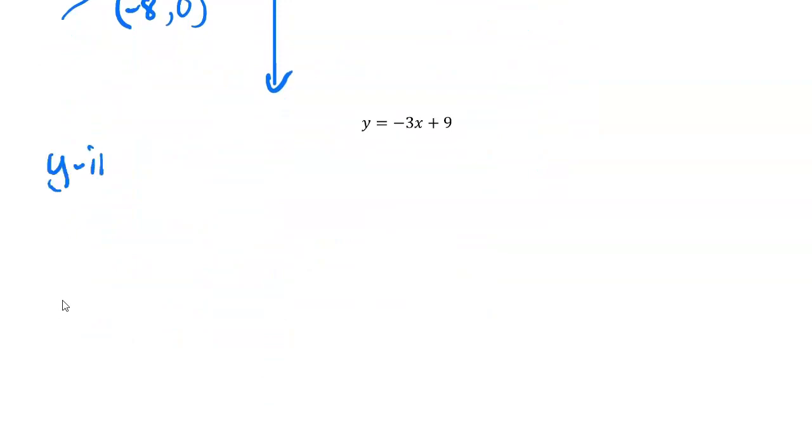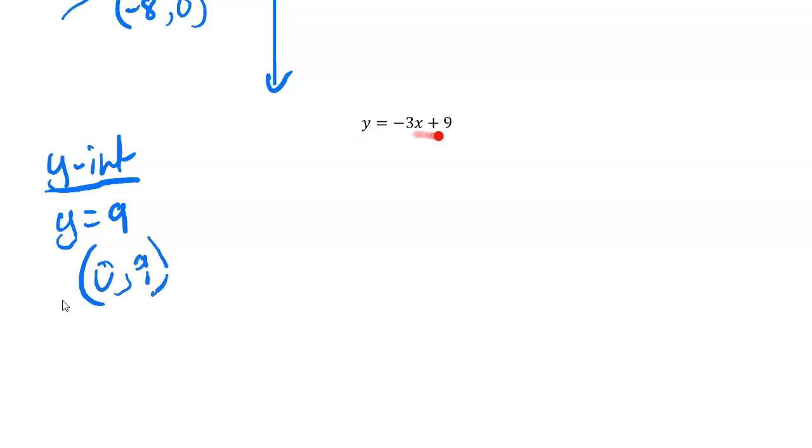So my y-intercept, we know when x equals 0, y equals 9. So that's at 0, 9. Okay, so now we have to find our x-intercept. So that's when y equals 0.